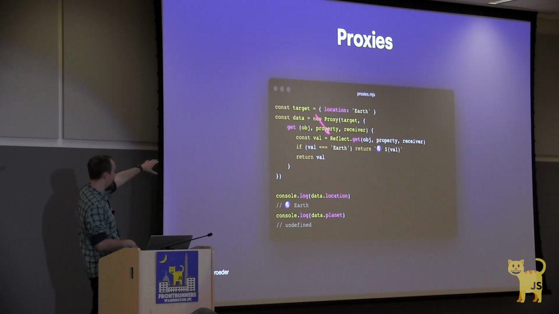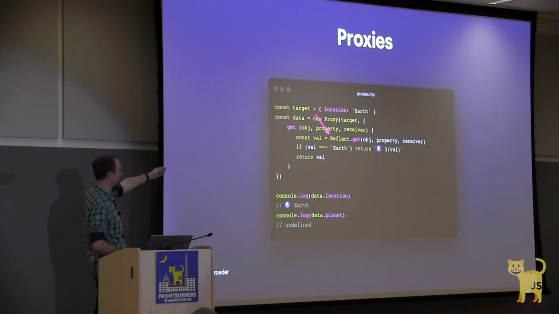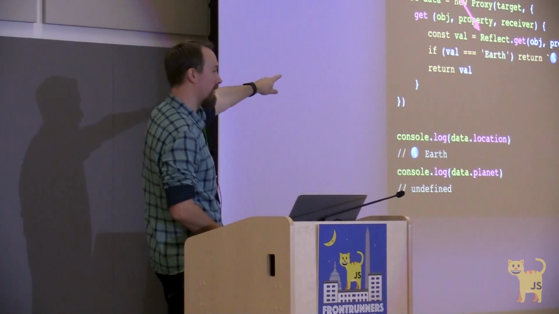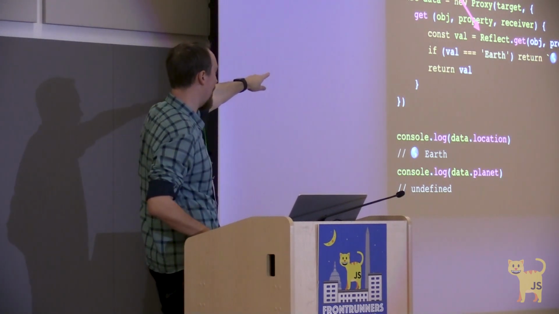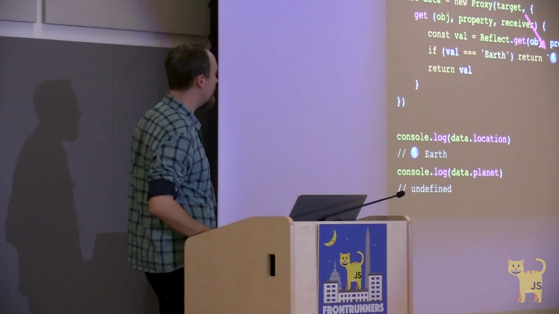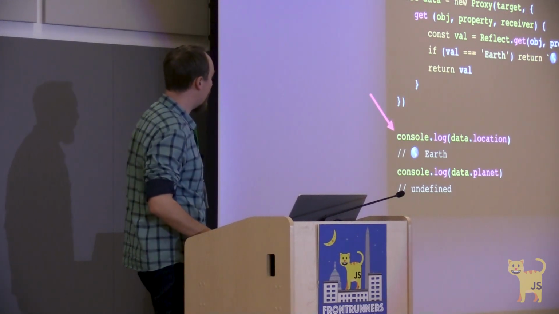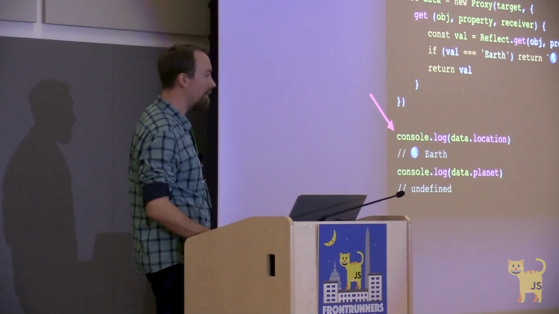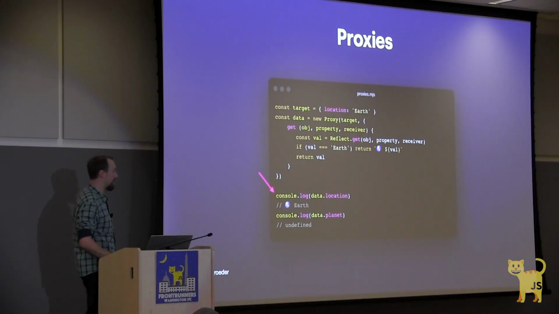You just take the arguments from the getter and pass them to Reflect, and it performs the operation. So in this case, it's actually getting data.location from my object. So now the val there has my location, and I'm prepending an emoji. So now, when I console log data.location, I don't just get back Earth, I get back an emoji and Earth together.